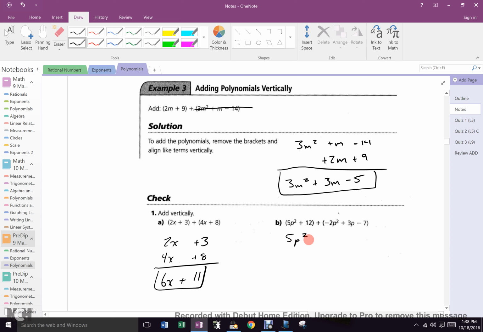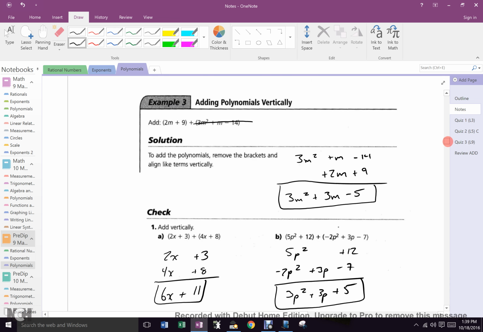Now, I'm going to leave a space because there's a p there, but I don't need to. Plus 12. Negative 2p squared. Plus 3p minus 7. 3p squared plus 3p plus 5. Great.